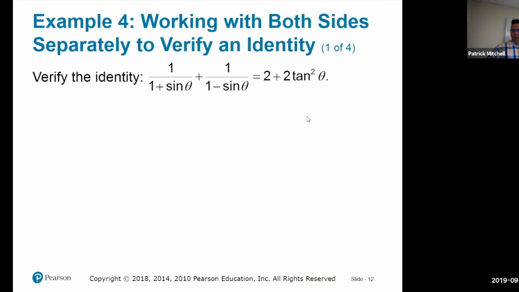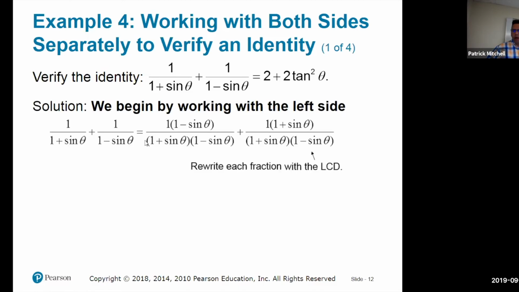All right, let's compare notes. So I would start with the left side. Notice these are fractions that have different denominators, and so I'm going to make them have the same denominator. And the way I'm going to do that is my common denominator is 1 plus sine theta times 1 minus sine theta.